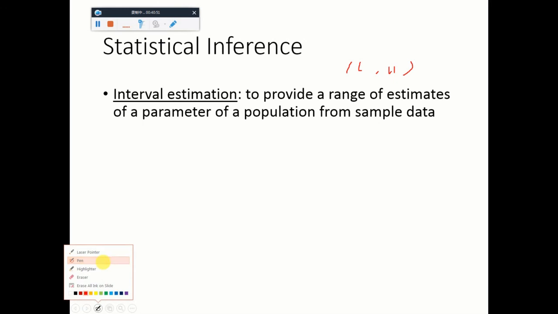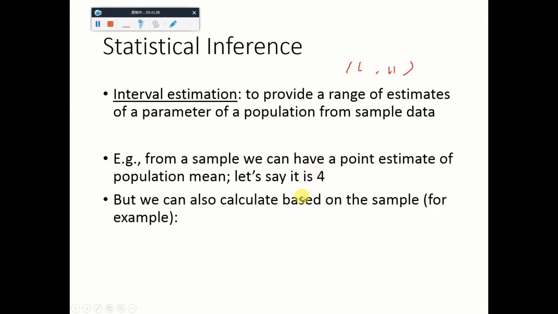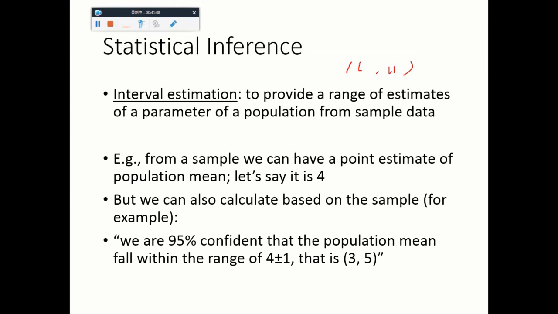So for example, from a sample we can have a point estimate of the population mean, and we say that it is 4. But usually we should supplement this point estimate with an interval estimation. So usually you will read a sentence like, we're 95% confident that the population mean should fall within the range of 4 plus minus 1.